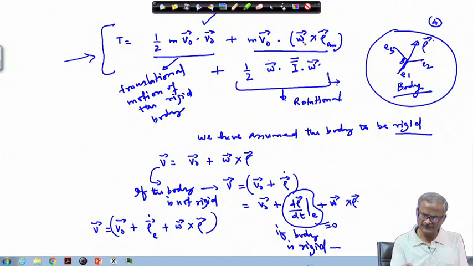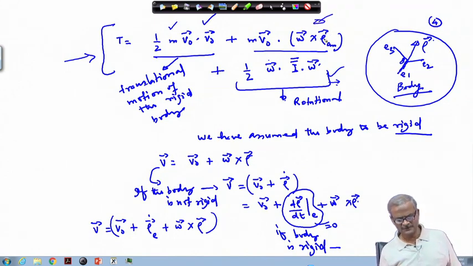If omega is 0, you can see that this term will also vanish, this term will also vanish, and you will be left only with this translational term. If V 0 is 0, this term drops out, this term drops out, and this is your pure rotation term. So, this is a pure translational term, this is a pure rotational term, and this is a mixture of the rotation and the translational term.